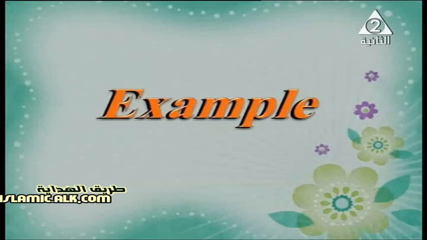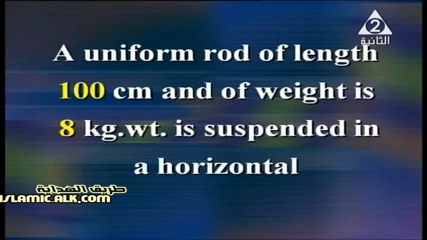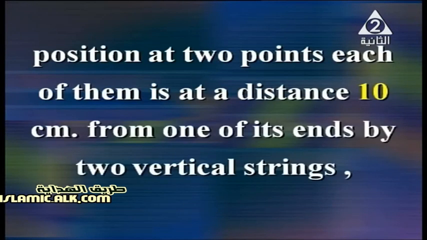Look at another example. A uniform rod of length 100 centimeter and of weight 8 kilogram weight is suspended in horizontal position at 2 points, each of them at a distance 10 centimeter from one of its ends, by 2 vertical strings.